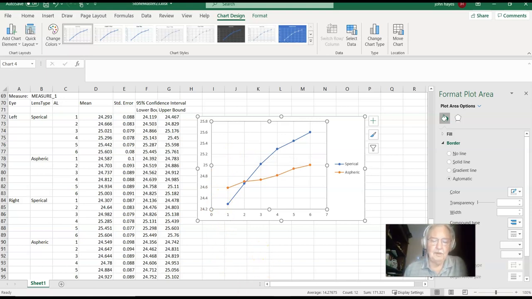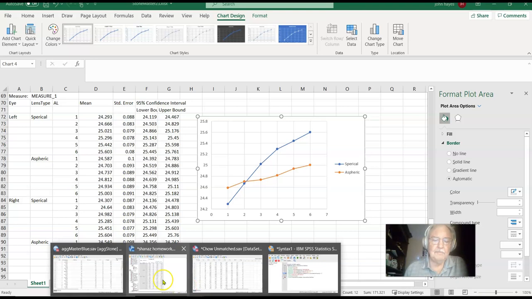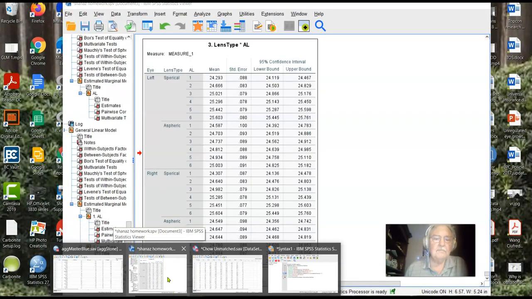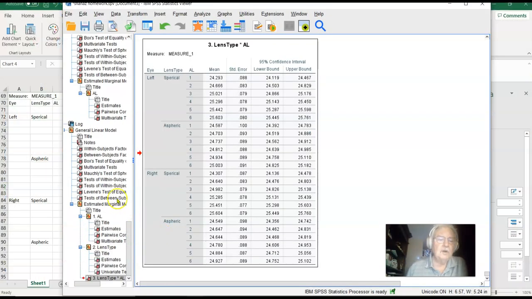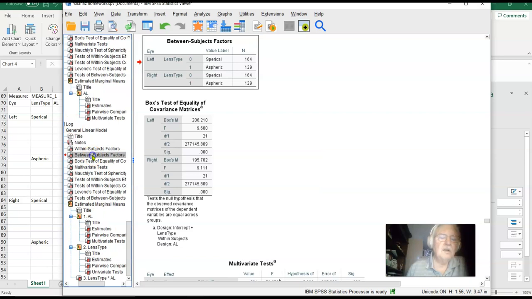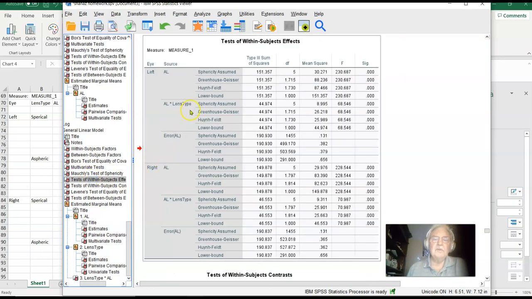So let's see what I'm talking about here. For this one, for the graph that we just saw, we would use the error Greenhouse 0.382.